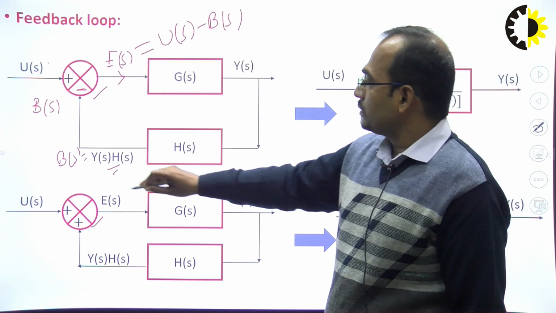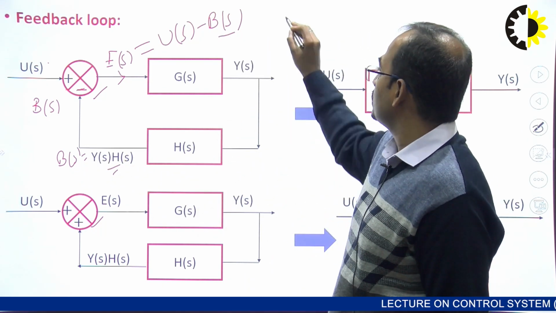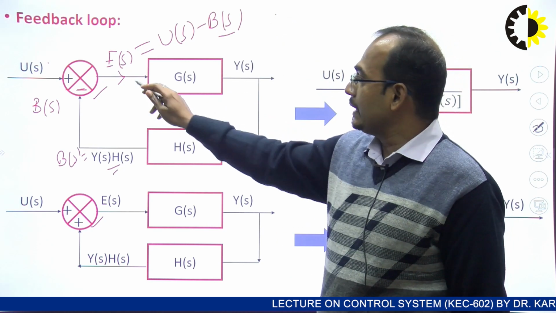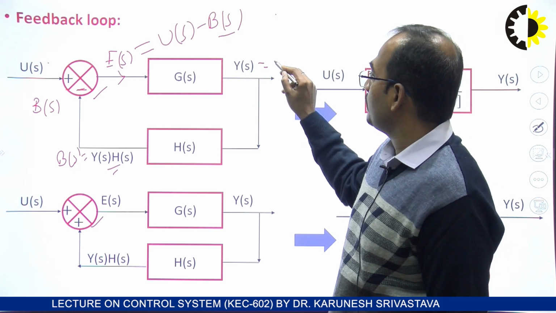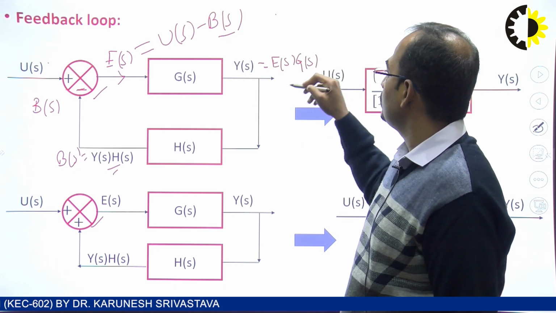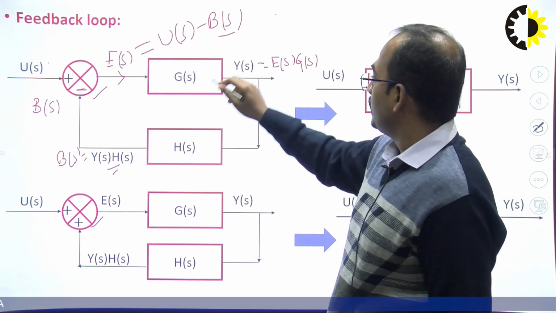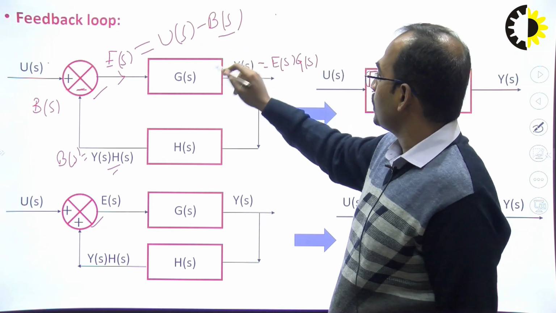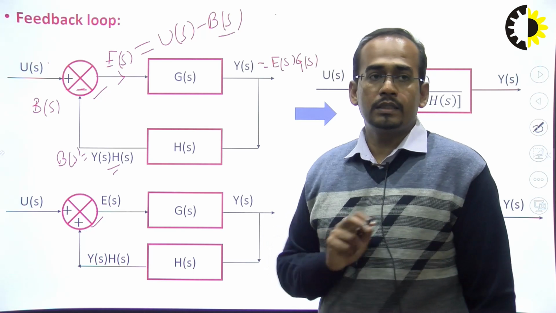E(s) is equal to this, B(s) is equal to this, and Y(s) is nothing but E(s) into G(s). Now you can put E(s) equal to U(s) minus B(s) and B(s) equal to Y(s) into H(s).